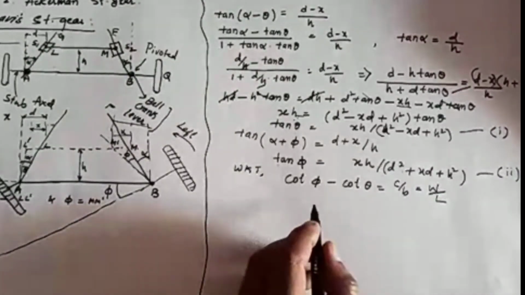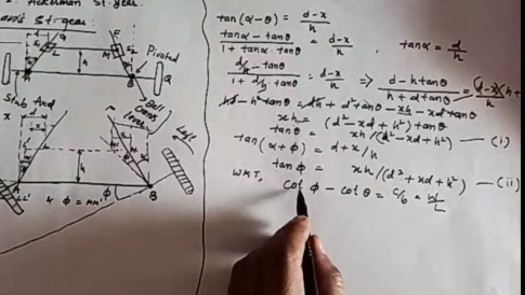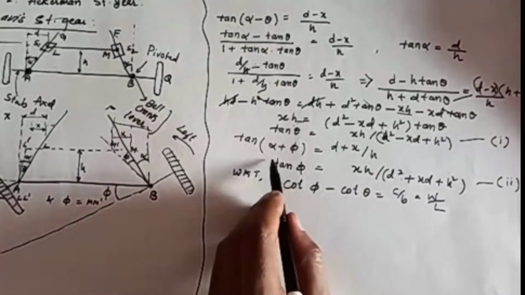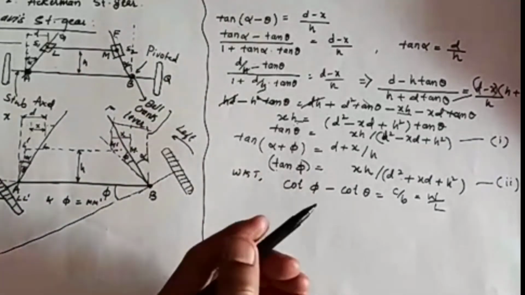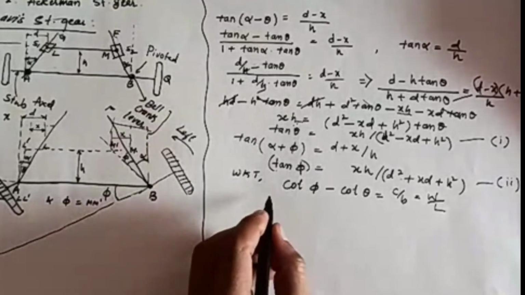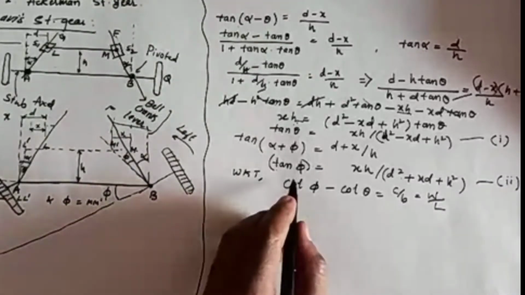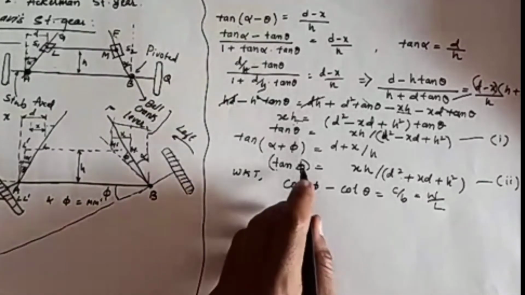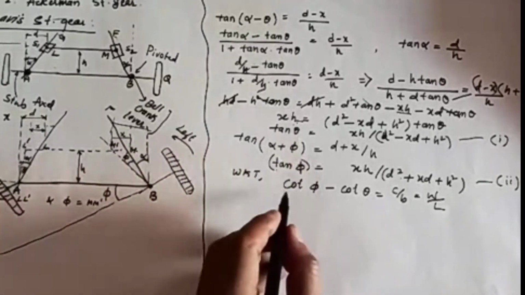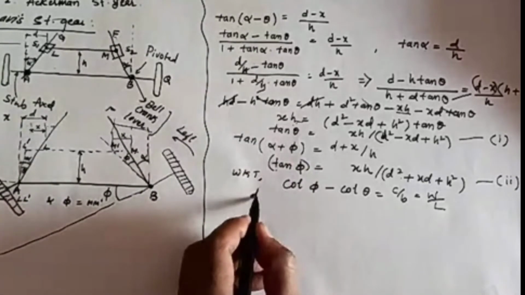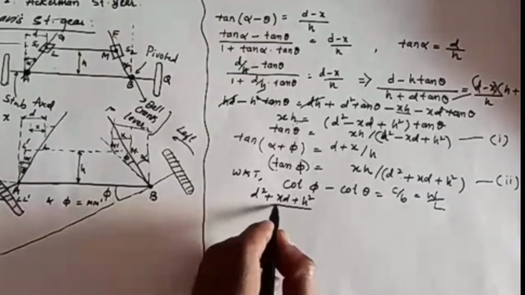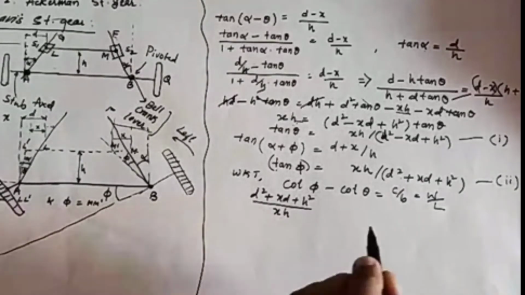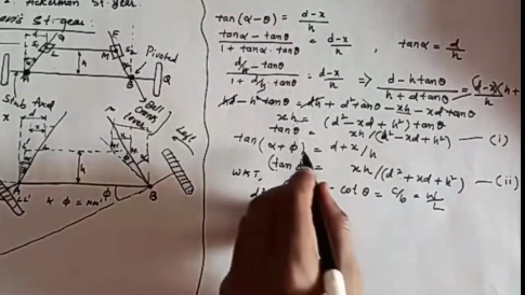After that, substitute the values of cot phi and cot theta. Now you can change tan into cot by taking the reverse. So cot phi will be d square plus xd plus h square by xh, minus cot theta.